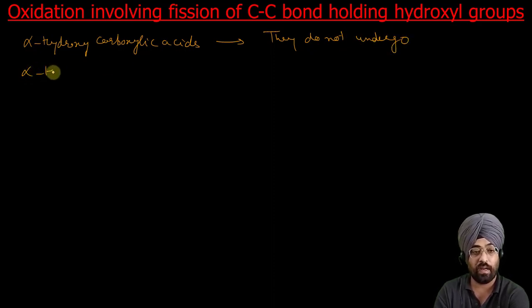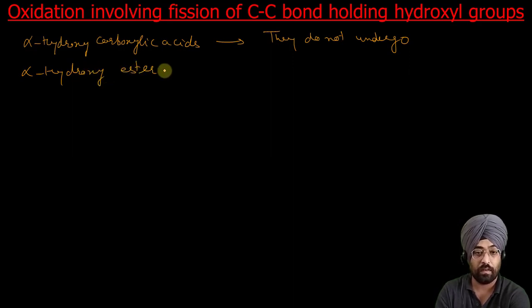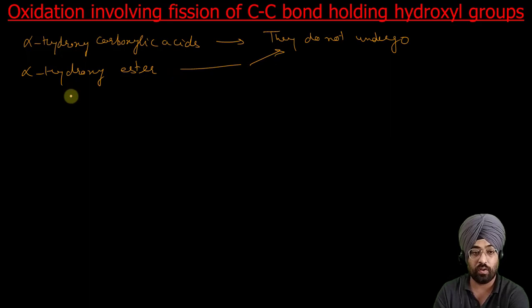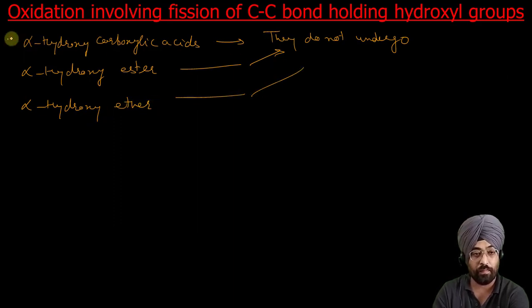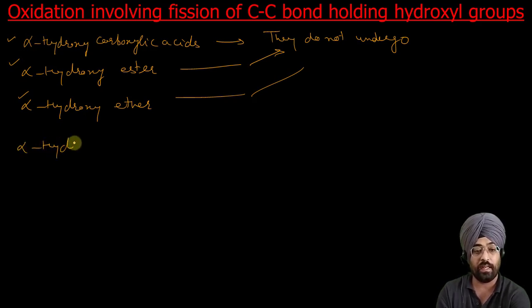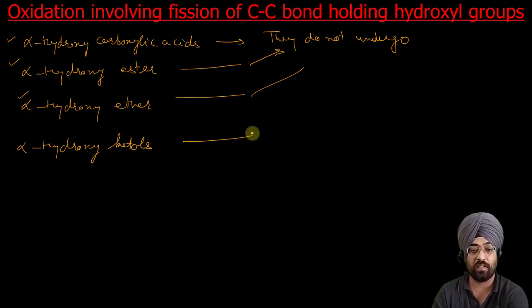Similarly, alpha hydroxy esters, they also do not undergo. Then alpha hydroxy ethers, they do not undergo. So these compounds do not undergo this oxidative cleavage. And alpha hydroxy ketols or acetals also don't undergo such a reaction.